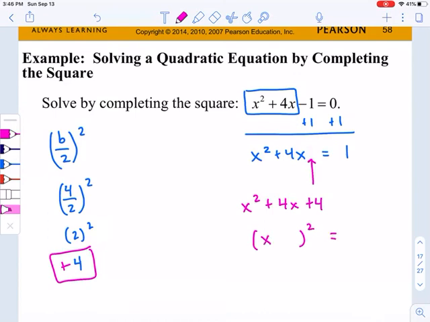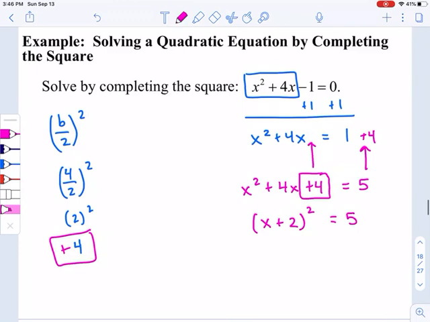That would give me (x plus 2) squared. Now, I can't just randomly add 4 to one side of the equal sign without doing what? I need to add 4 to the other side, which means all of this is equal to 5 now.